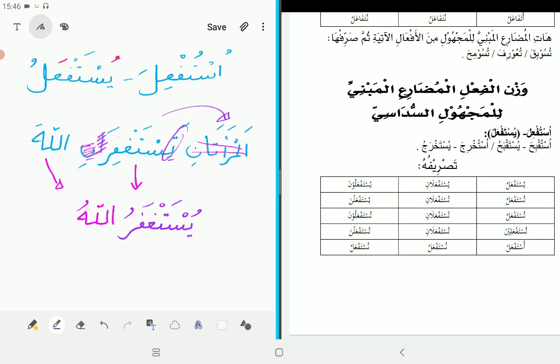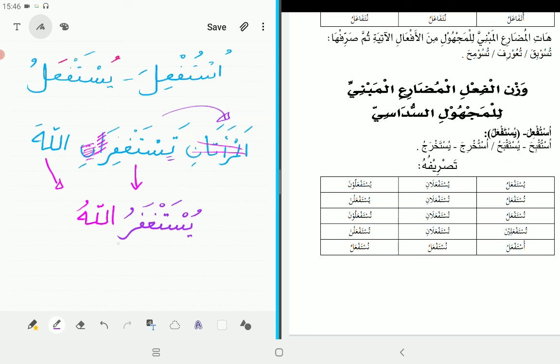Now because lafz al-jalala, Allah, is in the place of the fa'il, I make the verb suitable for it. So I leave it as yustaghfaru. And this kind of change, it doesn't matter who the fa'il is. It could have been a group of men, a group of women, a single woman, a single male.